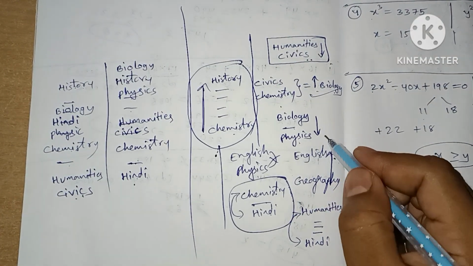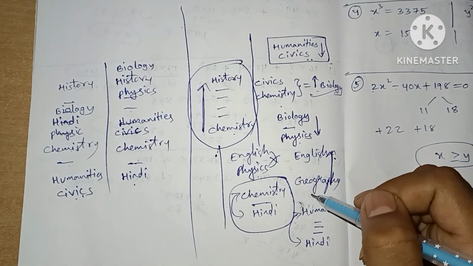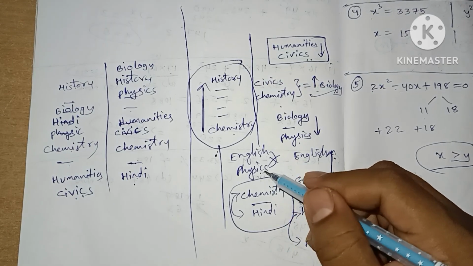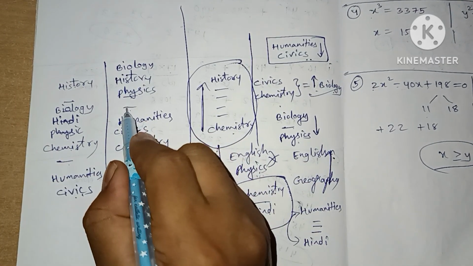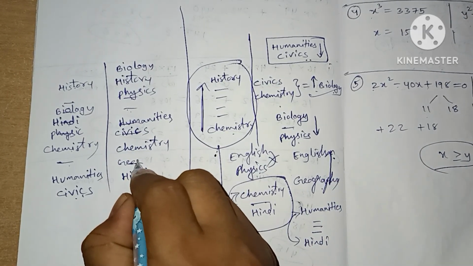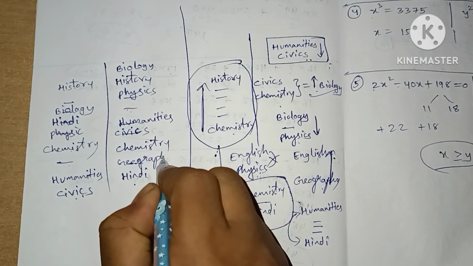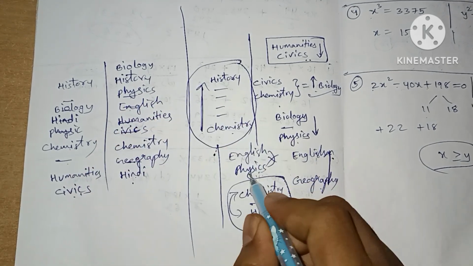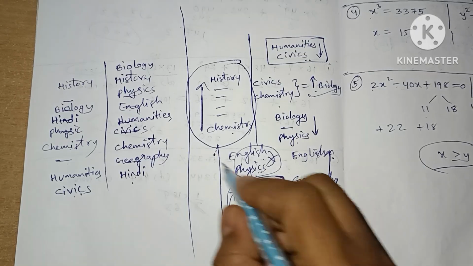So what we left is English and geography. English does not be adjacent to physics. So in this case, English is above geography. So this is the place for geography, and this is the place for English we left. But in our question, English and physics does not be adjacent.